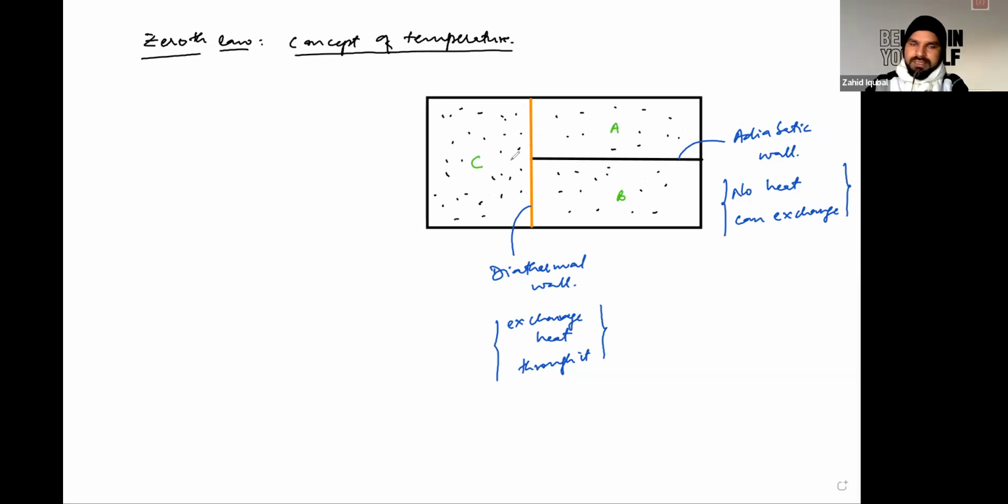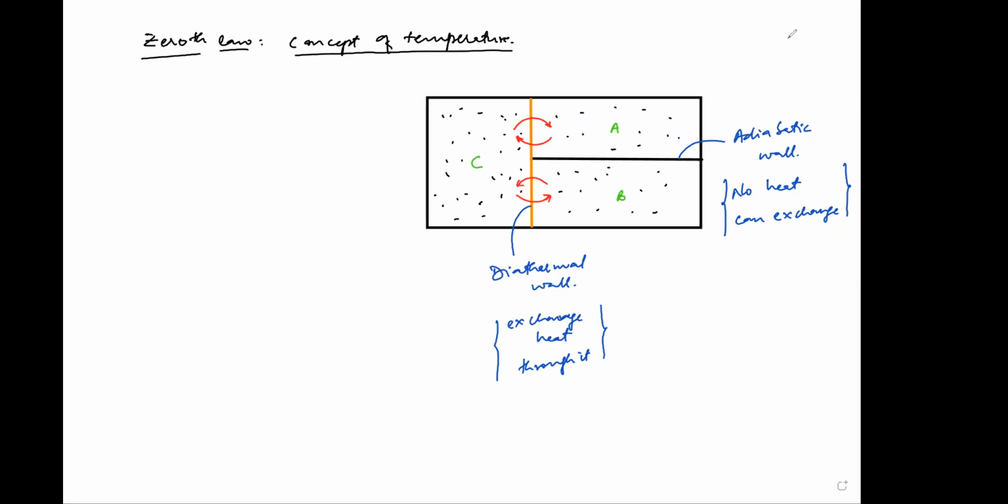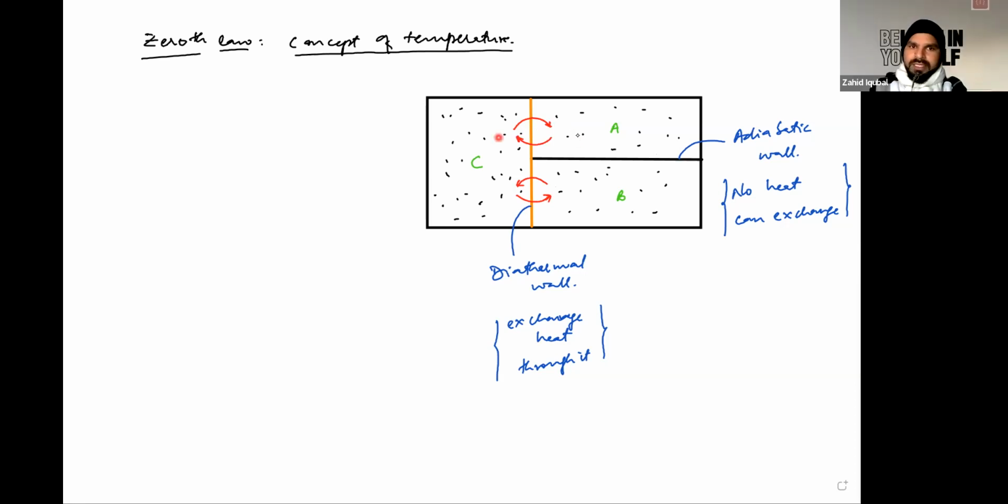If they are connected like this, there will be heat flow between A and C through this wall, from this point to this point. Similarly, there will be flow of heat between B and C through this wall. Is it clear? Yes, sir. This flow of heat between any two thermodynamical systems continues till they acquire equilibrium temperature.